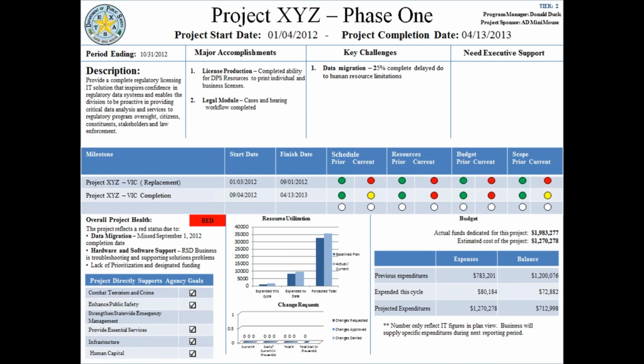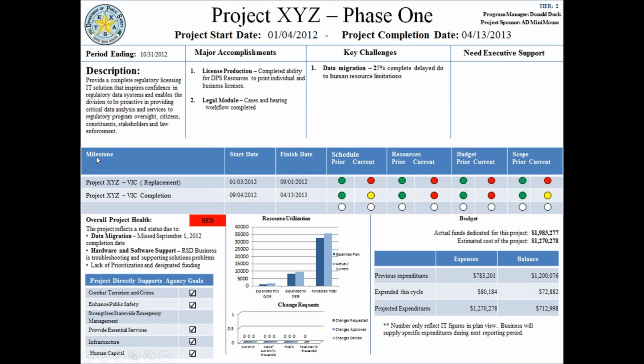So for example, in this particular instance, data migration is being delayed, and they've only got a 25% completion rate due to bandwidth or personnel to do the work.